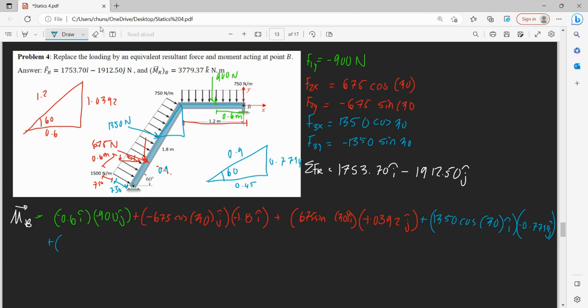And this is plus our last one, so that's 1350 negative j direction. And then times our horizontal distance, which is 1.65 in our negative i direction.